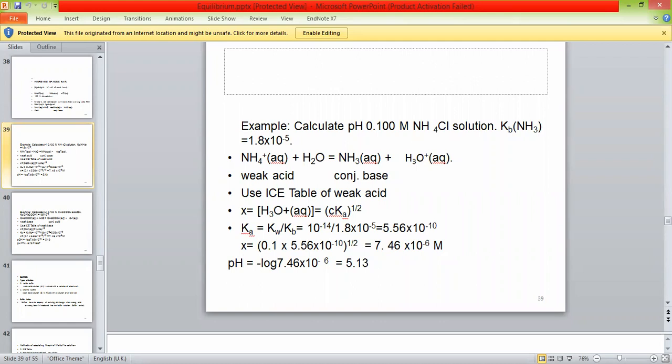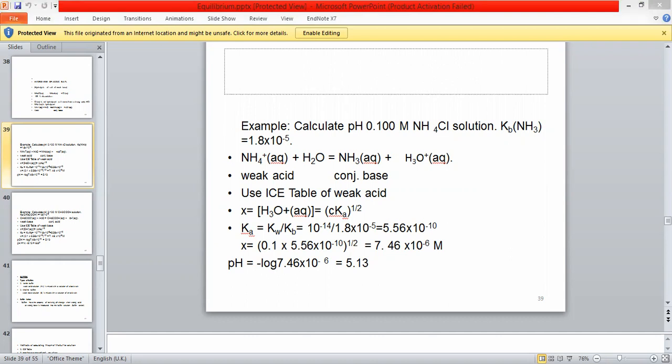Since this is a weak dissociation, the ICE table shows us X. When you do the ICE table, initial, change, equilibrium, what you're going to find is that this is a weak acid. Since this is a weak acid, it partially dissociates to these.